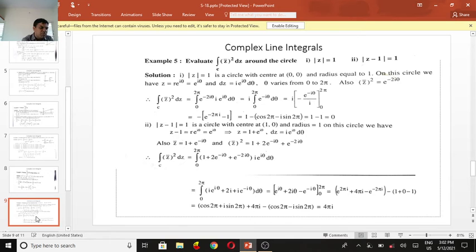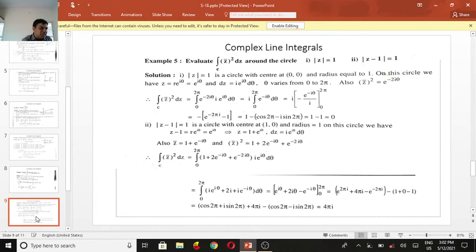Observe the problem: the first statement, mod z equal to 1, means it is a circle whose center is the origin and the radius is equal to 1.